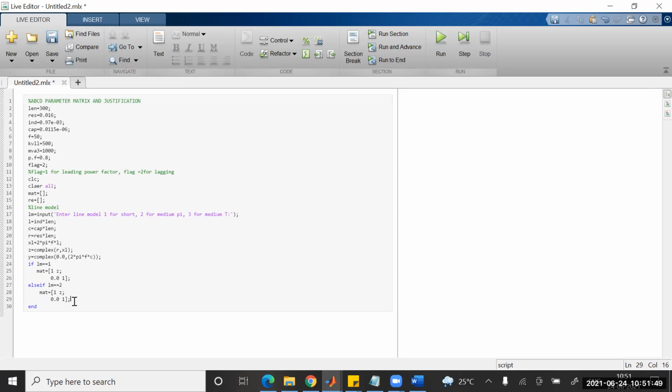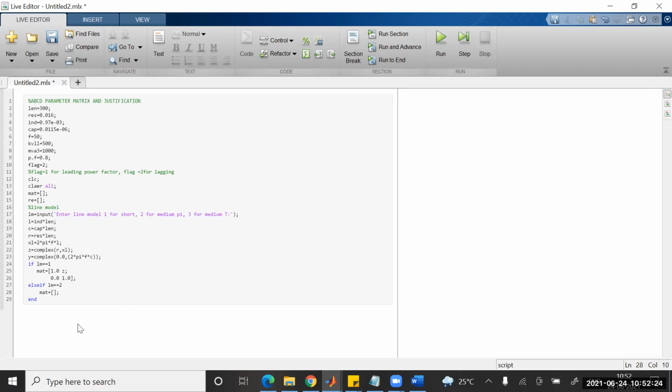If lm equals to 1, meaning short, then the matrix will be 1, z, 0, 1. When L equals to 2, it means medium pi.